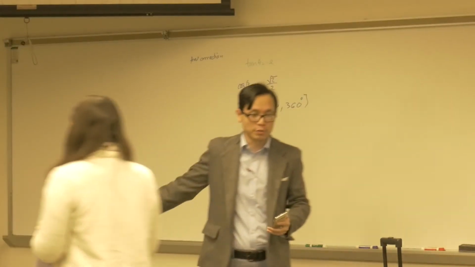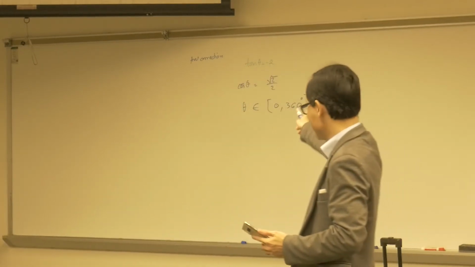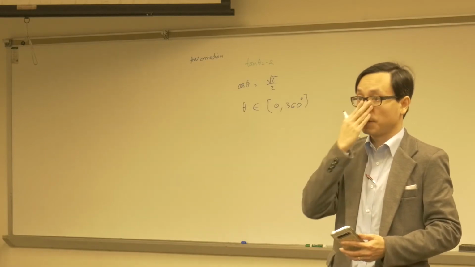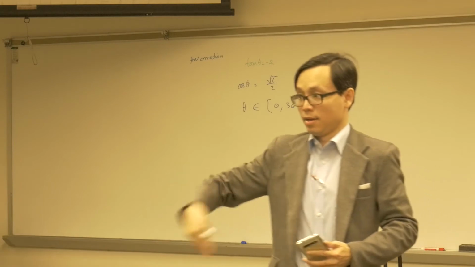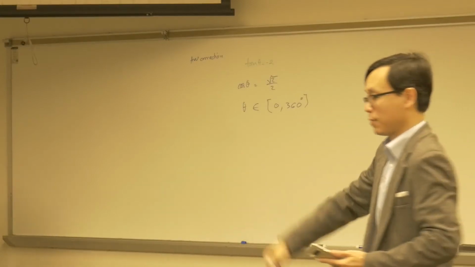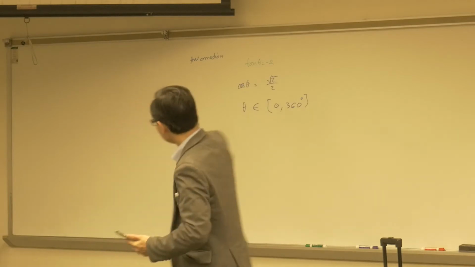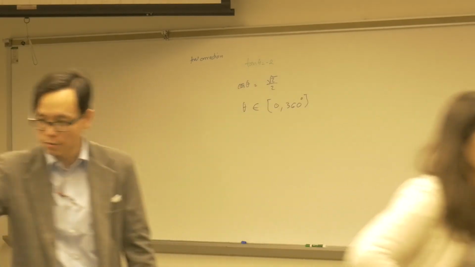They just want you to have the answer in that interval. Because it could be many solutions: if you keep adding one more revolution to the 60 degree, it gives you more solutions. So you have infinitely many solutions, but they just want all the solutions in that part. Okay, so how are we going to do this?